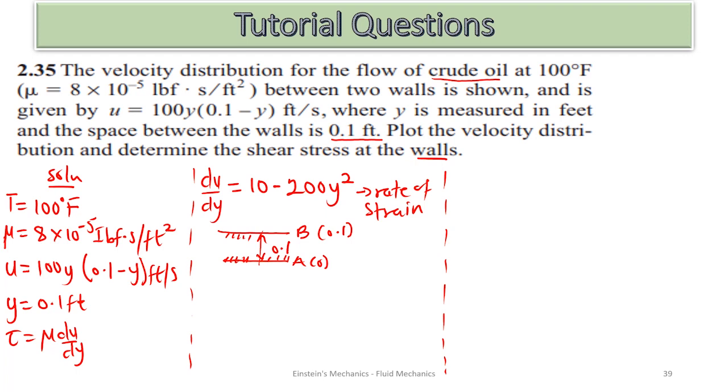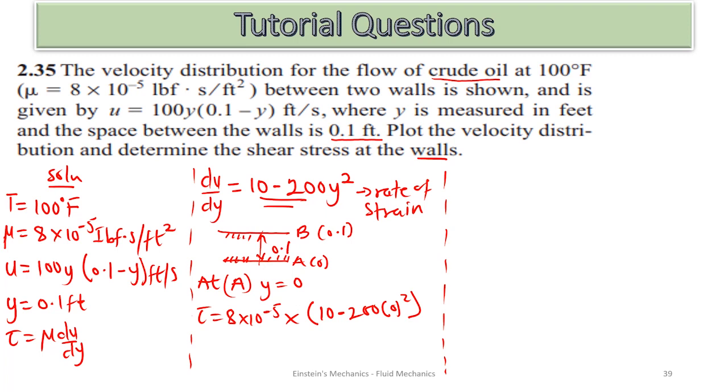So first I can say at the A point, where y is equal to 0, there is no distance between the walls. What is the shear stress at that wall? And that is going to give me my shear is equal to, from the formula, the viscosity, 8 to the power negative 5, multiplying du dy. But here, this is the relation for du dy, and the y is what? 0. So that is going to be 10 minus 200 times 0 squared.